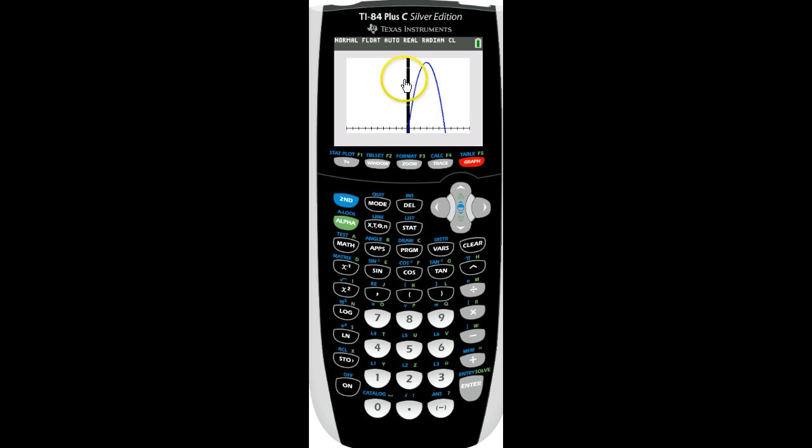Don't worry too much about this solid bar that shows up. What is happening there is, when we were in window, you can see the scale, and it is entering a tally mark on our y-axis every single unit. So it's got one at 1, 2, 3, all the way up to 150.